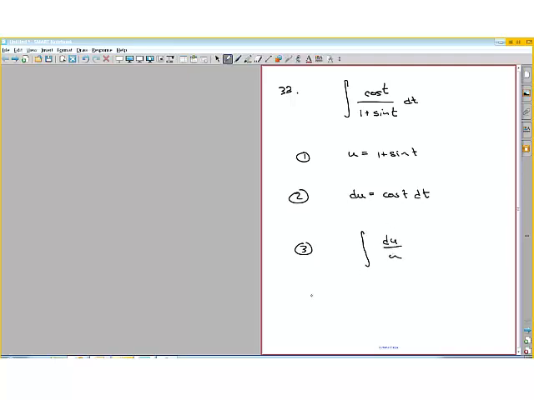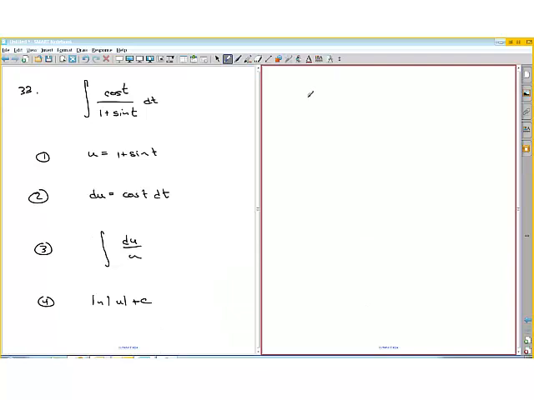So even though the original function involves sines, the actual integration involves 1 over u, du. So the integral is the natural log of the absolute value of u plus c. And then our final step is to plug it back in. So we plug u back in and we get the natural log of the absolute value of 1 plus the sine of t plus c. And that's your answer for the integral.